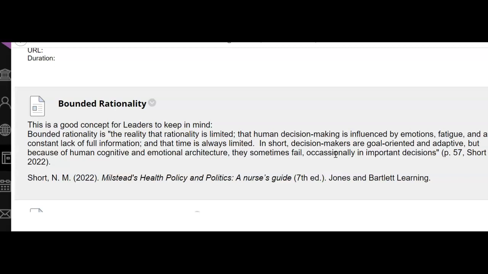So this is the concept of bounded rationality. And I think it also allows us to be more compassionate to ourselves when we do fail, even though we've given it our best. When we fail, when we're questioning whether we've given it our best, and when others don't always make the best decisions.